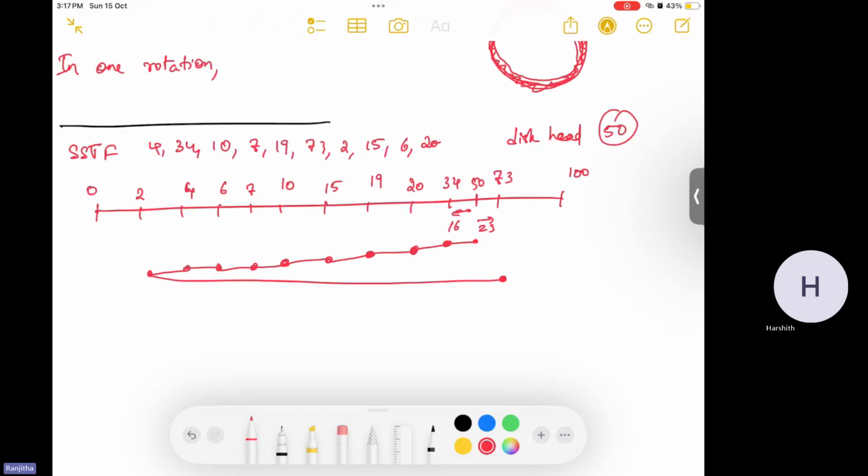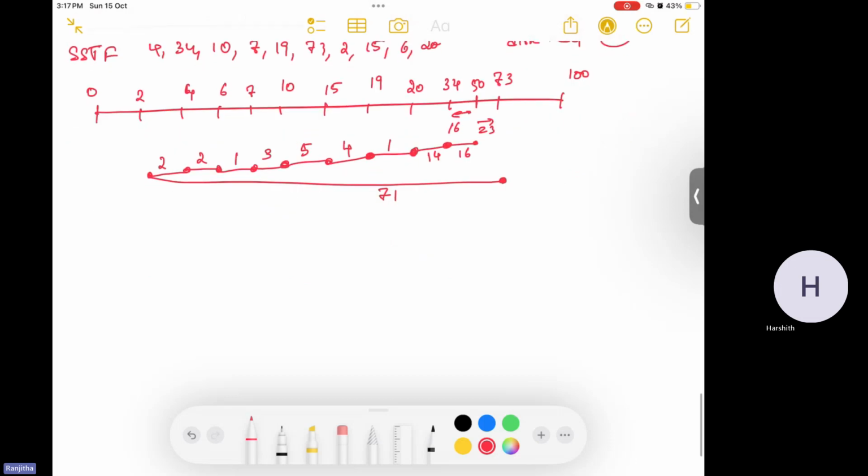So here the number of movements are 16. Then 34 to 20 is 14. 19 to 20 is 1. 19 to 15 is 4. 15 to 10 is 5. 10 to 7 is 3. 7 to 6, 1, 6 to 4, 2, and 4 to 2, 2. And from 2 to 73, we have 71.